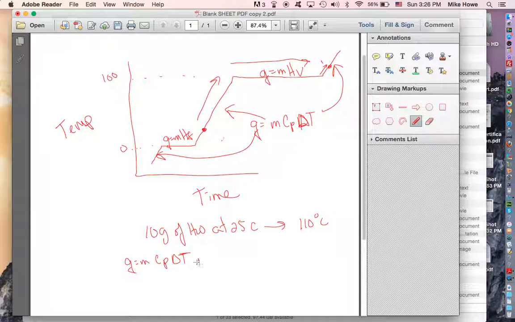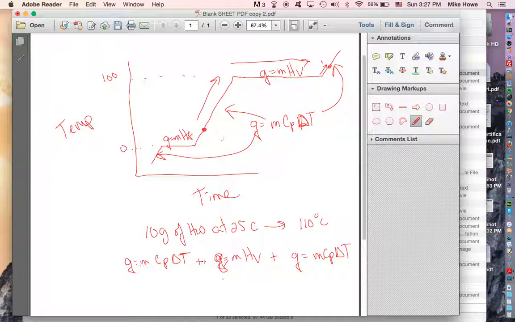We're going to add to that whatever the heat of vaporization times the mass is. So we're going to use that formula. That looks like a G, it's supposed to be a Q. There we go, fixed. And then we're going to add the quantity of heat using this formula.